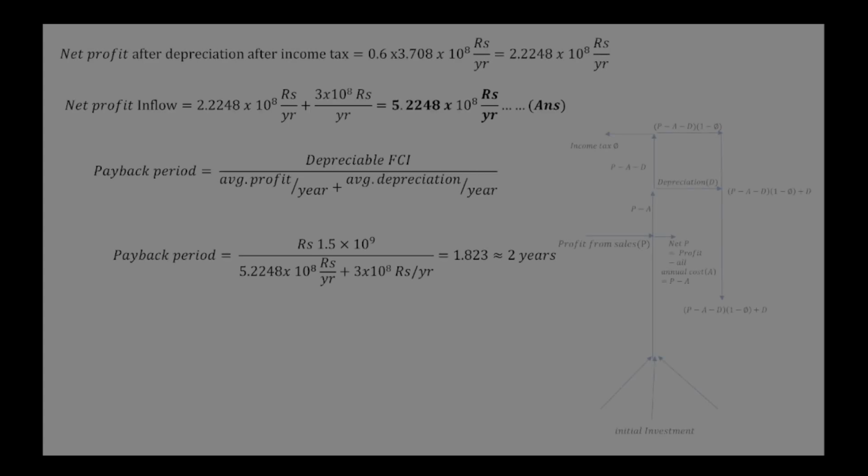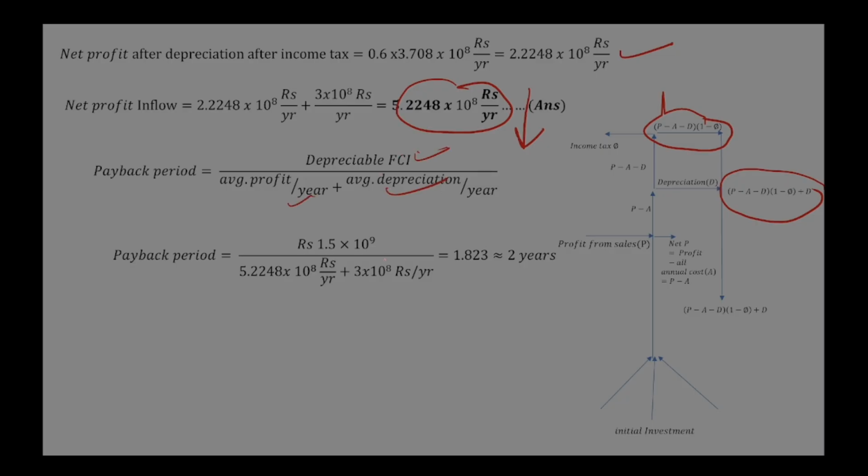After deducting income tax we will get this. Then we will add depreciation here. So this is our final value, cash flow in. Now payback period: depreciable FCI, average profit per year, average depreciation per year, put all the values and you will get 2 years.